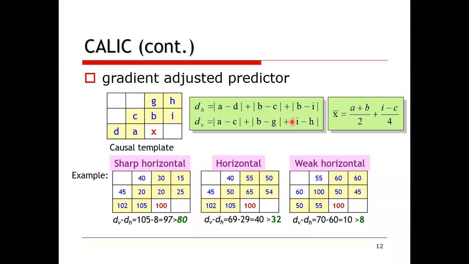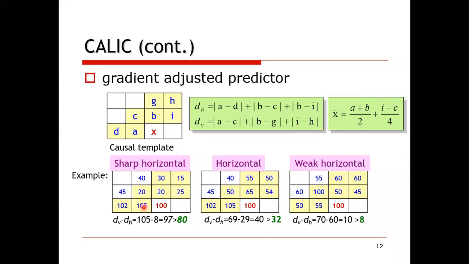This is one algorithm, one pseudocode in which way we will find the value of ds, dv and x bar. So take one example. If you want to find the predictive value of the given pixel 100, first you find dv and ds. What is dv of the given pixel 100?